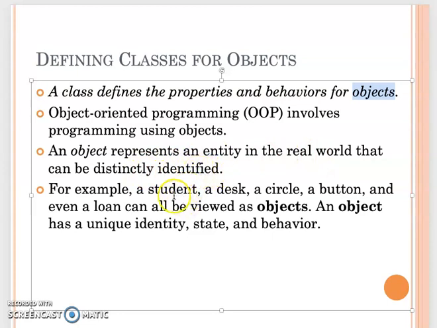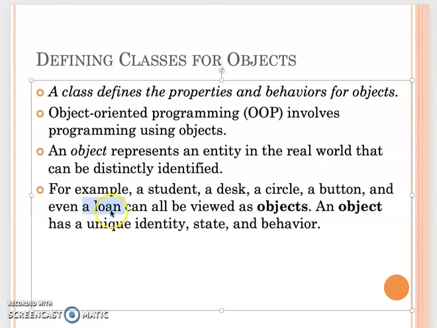What does that mean? You are a student, and a student is an object. You are using your desk to work on your homework, and a desk is an object. A circle, a button, even a loan, a savings account, a checking account: each individual thing can be called an object.